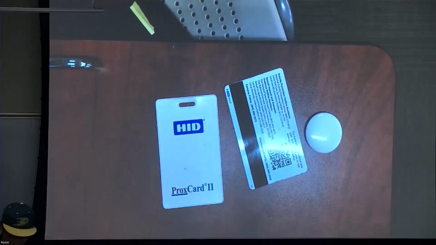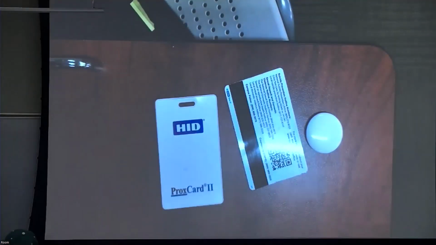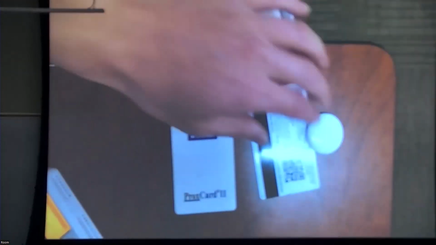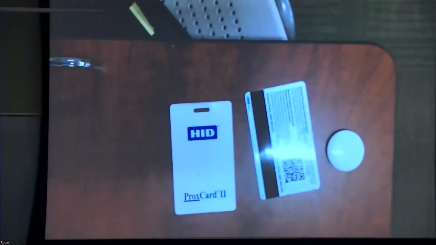So let's move on to the prox card. It's definitely not NFC. With the prox card, I can use the RFID mode here, and you just set it down.